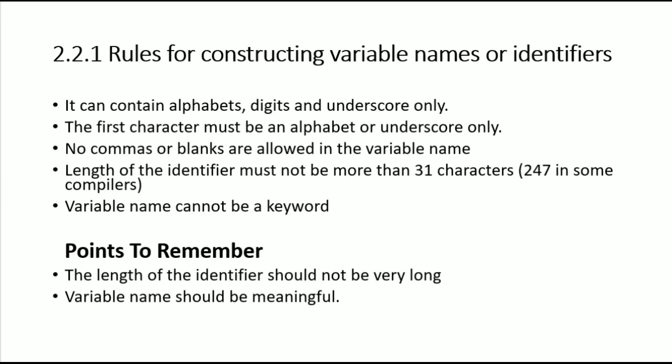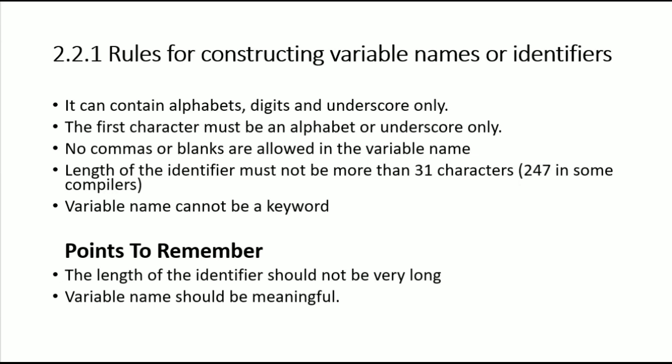Variable name cannot be a keyword. I'm going to discuss this keyword in a short while. Now, points to remember: the length of the identifier should not be very long. This is an important thing. To make a good program does not mean just a good logic. A good program is one which is also readable, legible, and can be understood by other programmers. For this, the variable length should not be very long because it will unnecessarily eat your coding typing time, as well as make your code look very dirty.